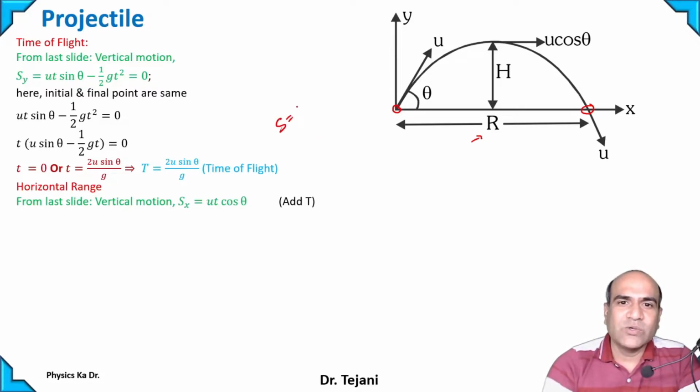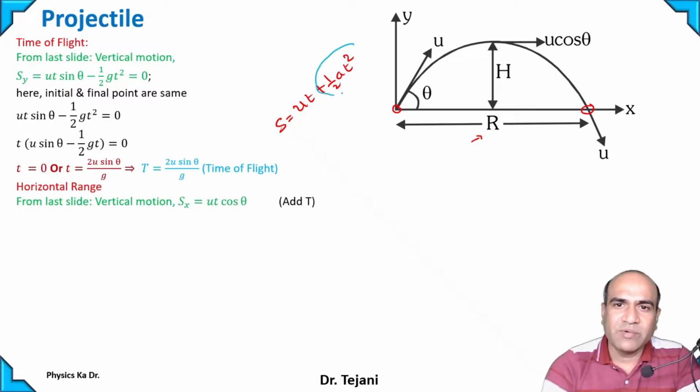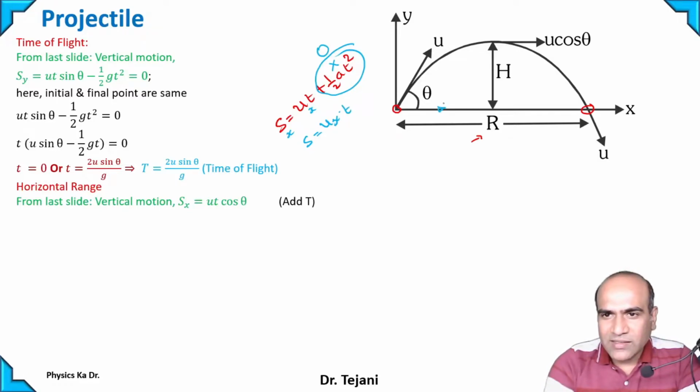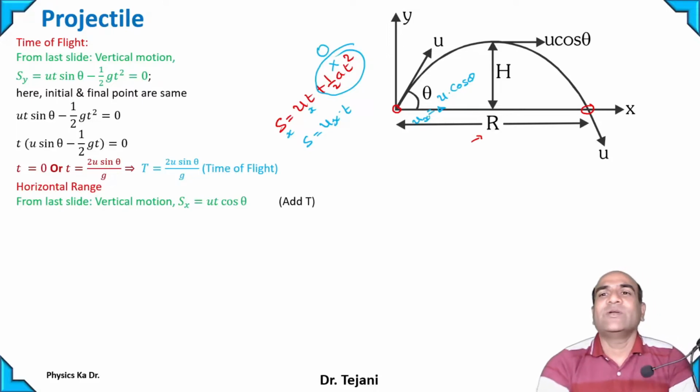S is equal to ut plus 1 half at square. The horizontal component is not subjected to acceleration, therefore this second term becomes 0. So s is equal to ut, and for the horizontal component, Sx is equal to ux t. And ux is equal to u cos theta.